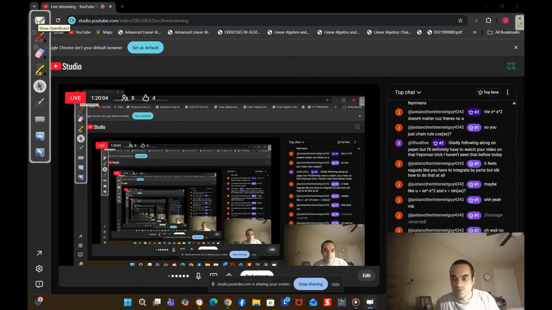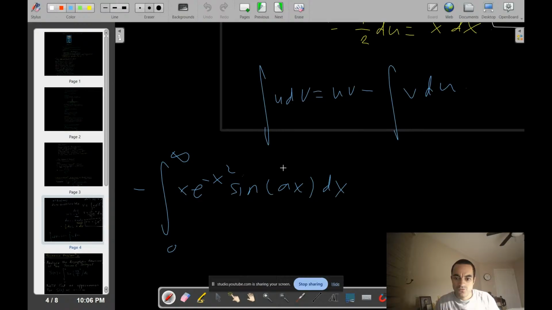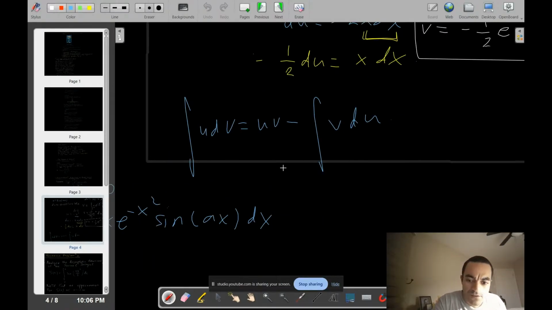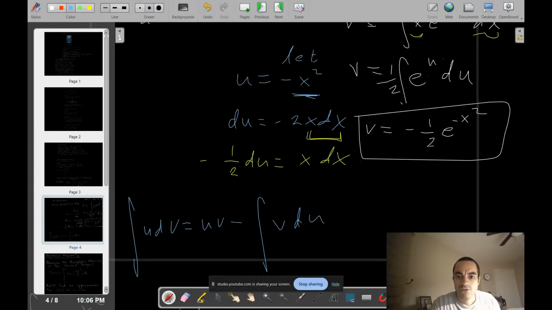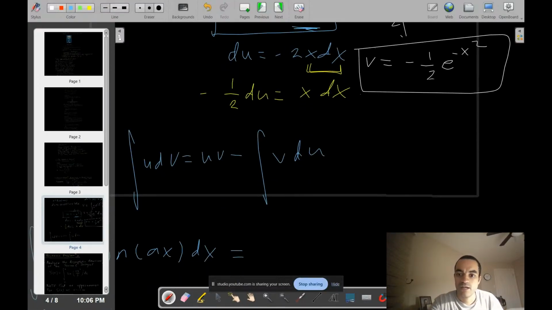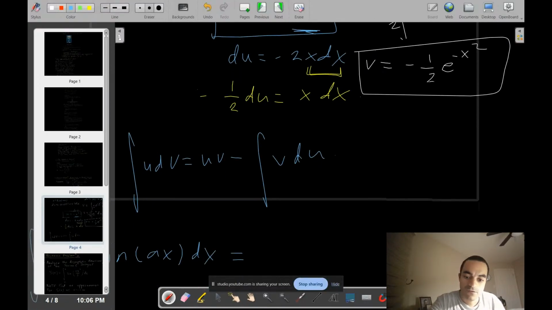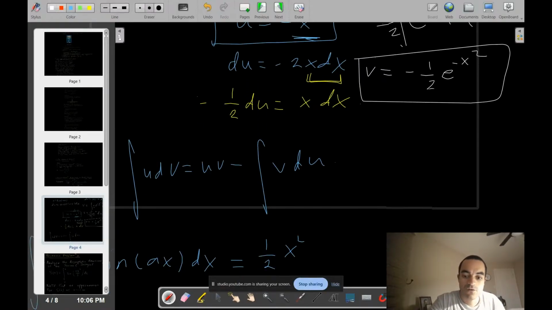All right, so if you know integration by parts, you'll be able to follow what I'm doing here, right? So we have that integral of u dv, and this is going to be u times v. Now look at u and v. u was this guy here, v is negative 1/2 e to the negative x squared, so we can plug that in. So this becomes positive 1/2 x squared e to the negative x squared.